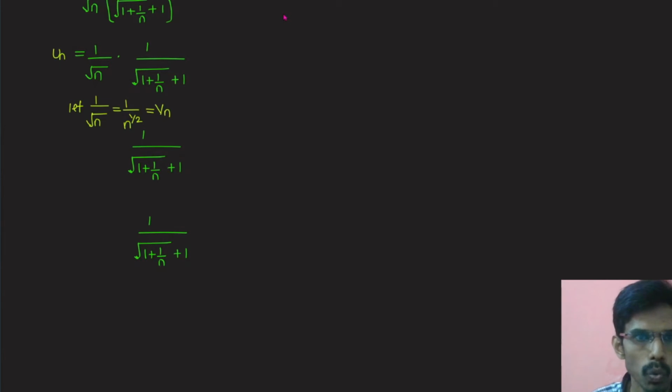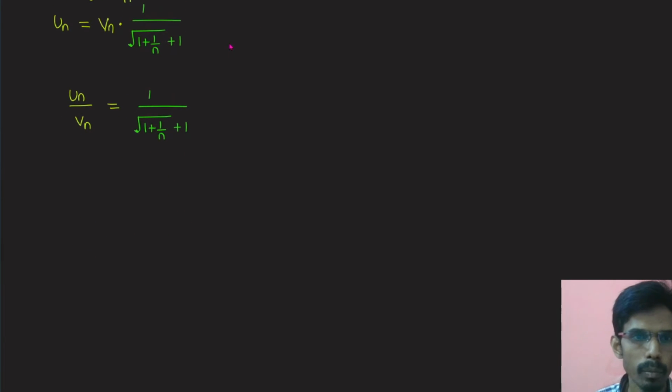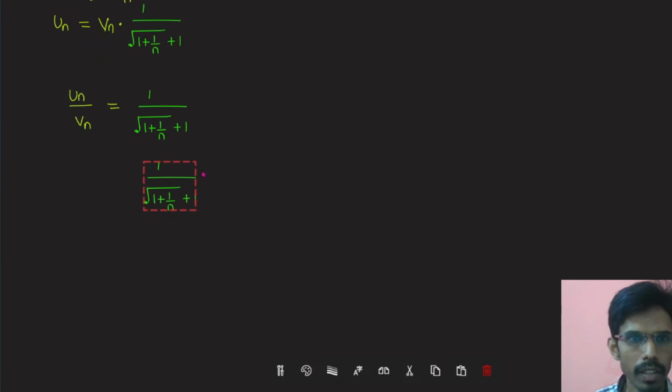So this will become Vn into 1 by this. Here we have un. Next, divide both sides by Vn. Then we have un upon Vn is equals to 1 by this term. Now apply limits on both sides.